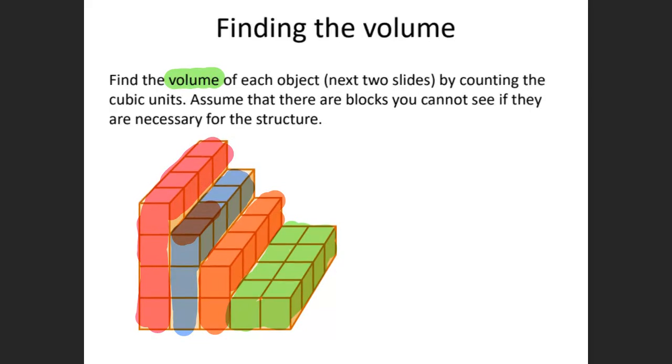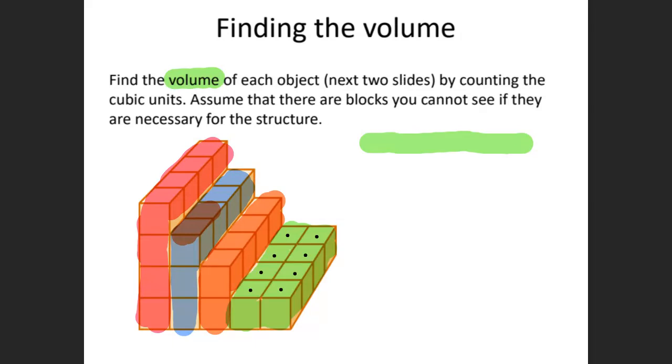To find the volume, we're going to go to the top of the green. Okay. So the green happens to have 1, 2, 3, 4, 5, 6, 7, 8 boxes.